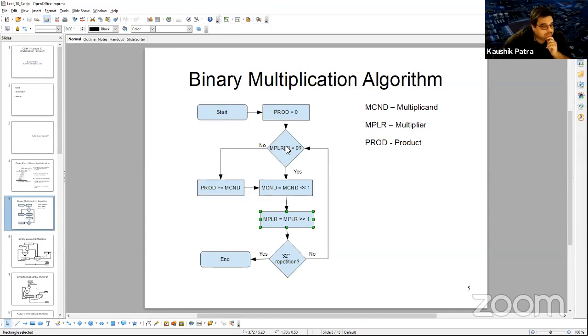Now, if the multiplier LSB is 1, then you add the current multiplicand value on top of the product. After that, this goes on. At the end, you get the product result from this flow.